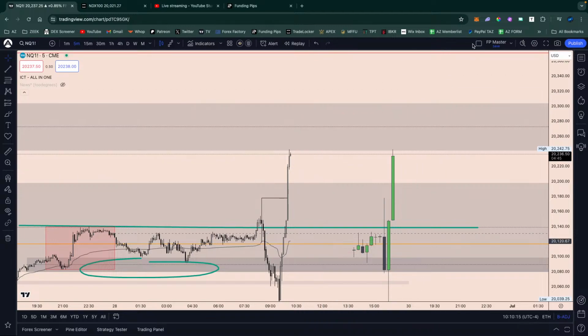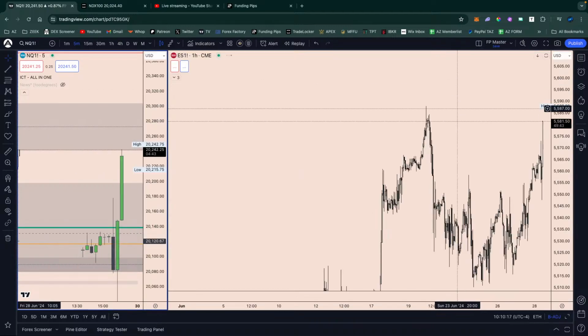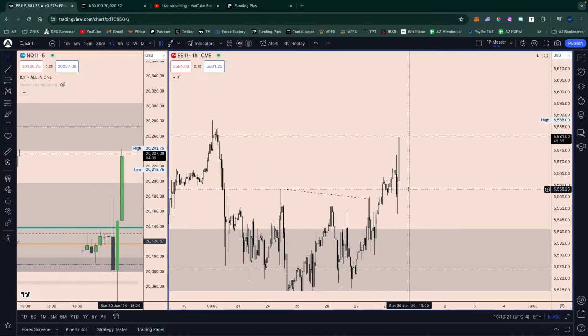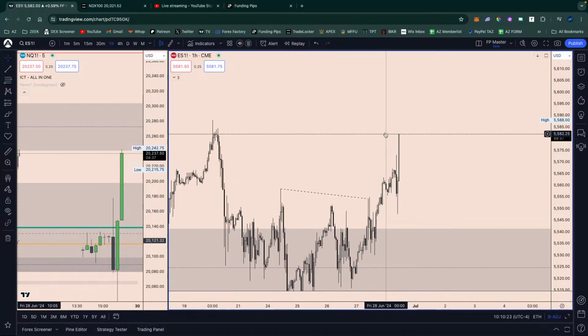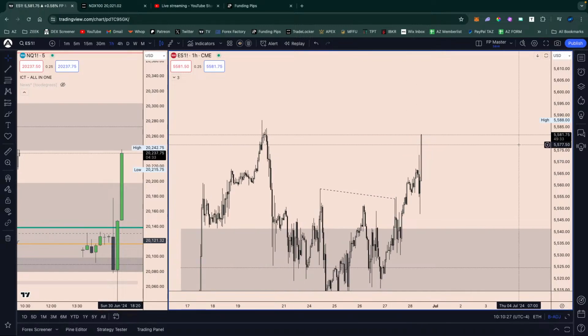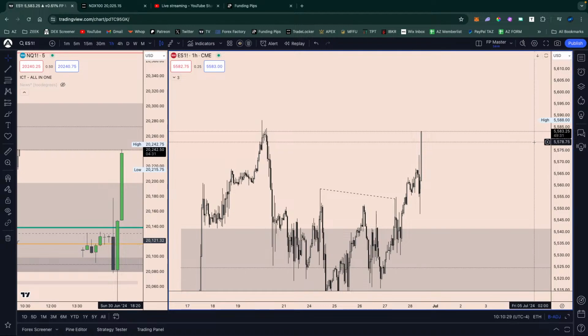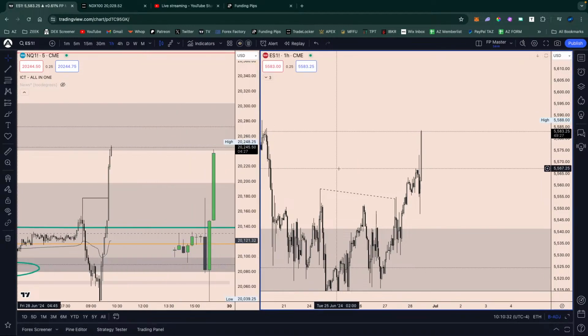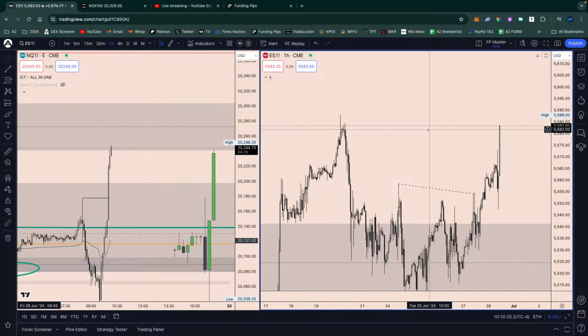Wouldn't be surprised. I think we already got one on the S&P 500. No, not yet. But I think the S&P 500 has an easier time because we're just a couple of points away. I think we can almost watch it live. We're 5 points away from forming a new all-time high.